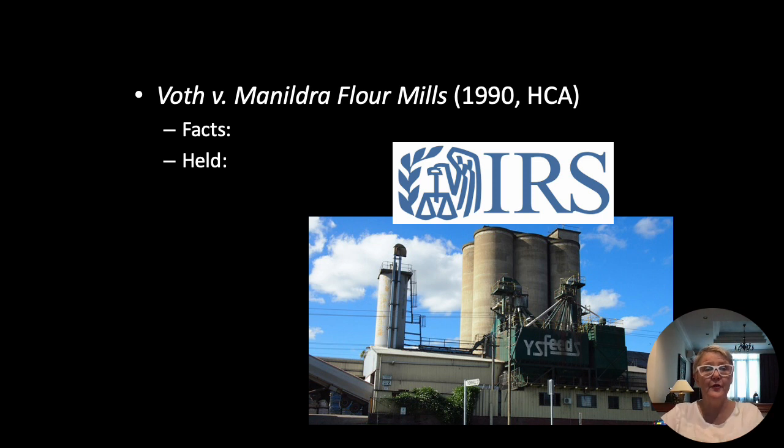So it's not enough for it to be merely inconvenient. There needs to be a clearly inappropriate forum for the matter to be heard. So this case is pivotal because it incorporates a detailed examination of the doctrine of forum non conveniens.